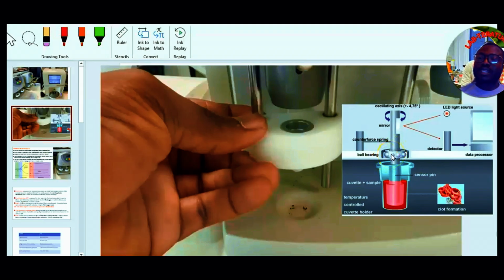The whole difference between the ROTEM and TEG is that in the ROTEM, it is this oscillating axis that moves around to mix the sample in the cuvette, whilst in this TEG, the axis or the probe with the sensor is stable or fixed.